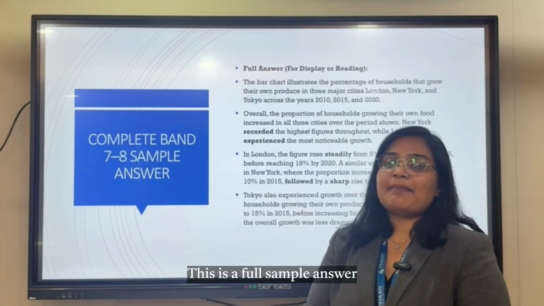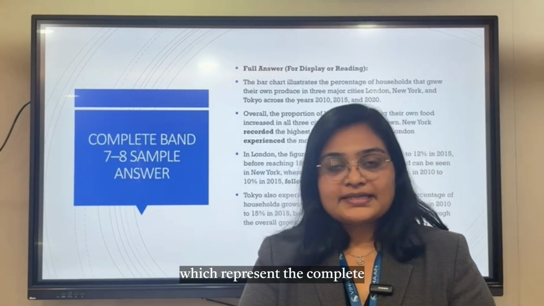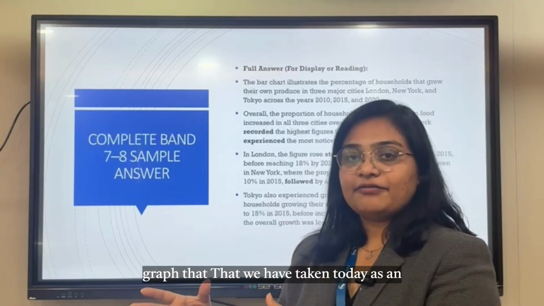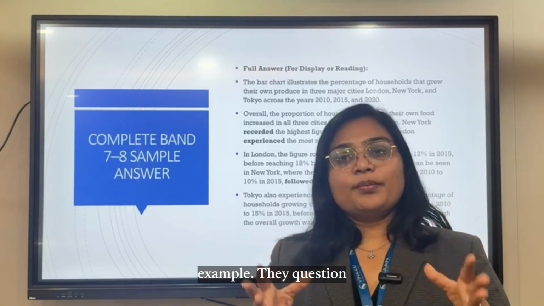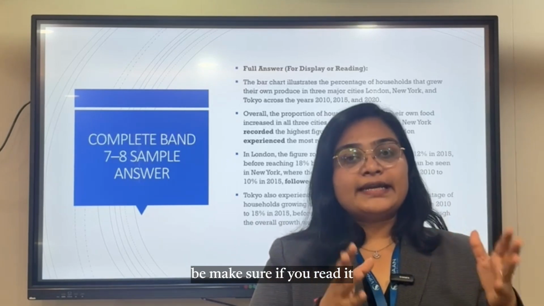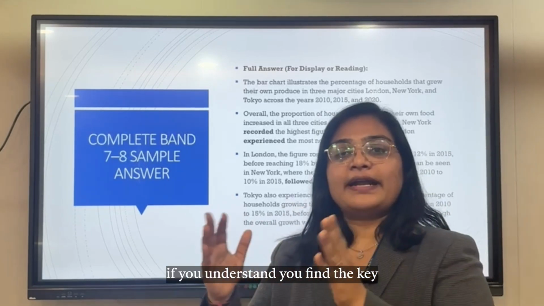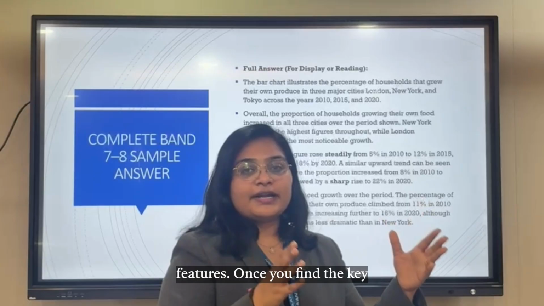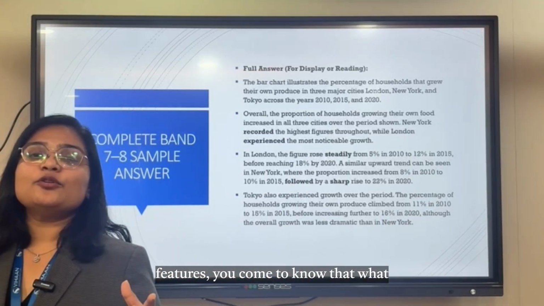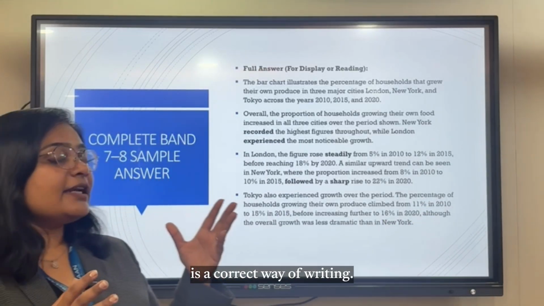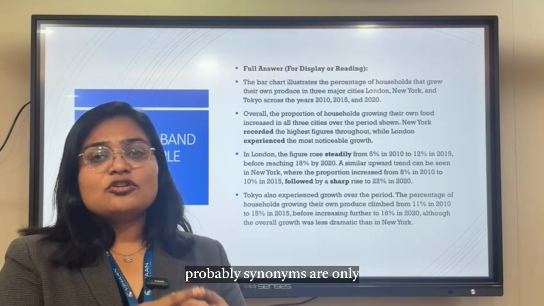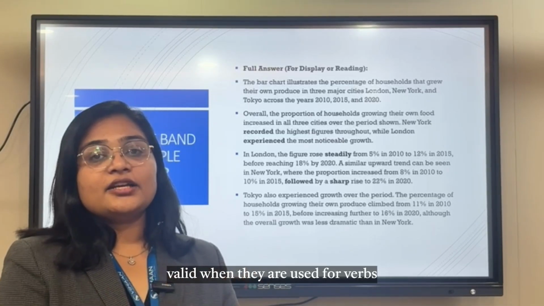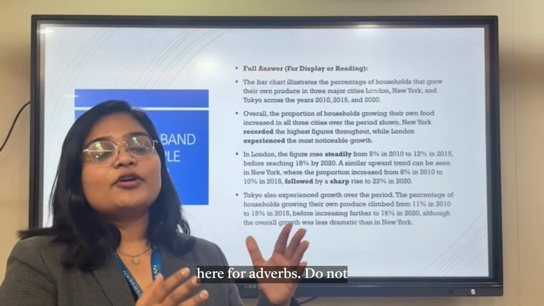This is a full sample answer which represents the complete graph that we have taken today as an example. देखिए, question कोई भी हो, make sure you read it, you understand it, you find the key features. Once you find the key features, you come to know what is a correct way of writing, and most probably synonyms are only valid when they are used for verbs and adverbs.